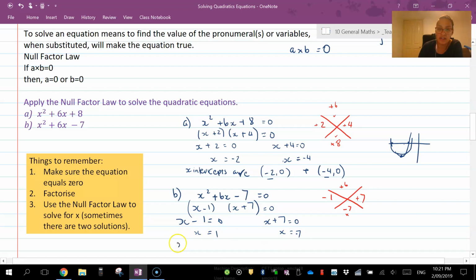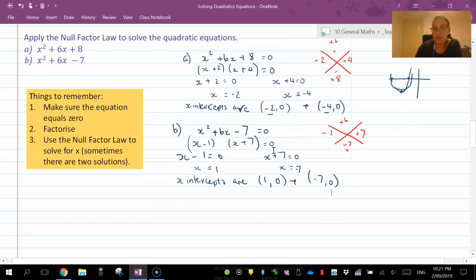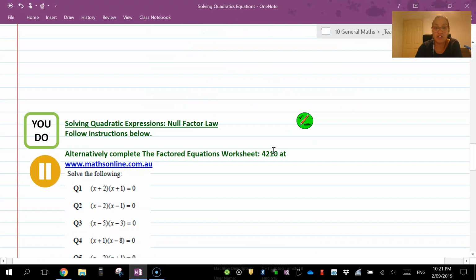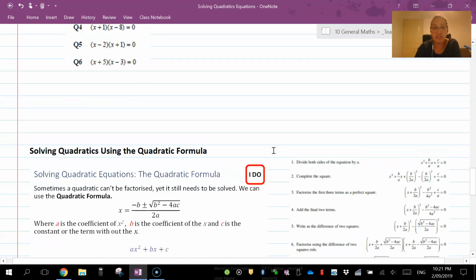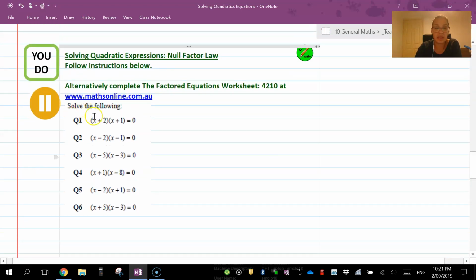So the x-intercepts are 1, 0 and -7, 0. Now what you're going to do is practice your null factor law using these questions, and here they are in all their beautiful glory. You don't even have to worry about factorizing. You're going to take those and split them up.